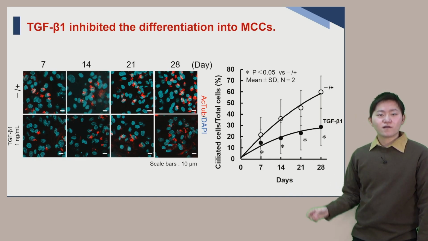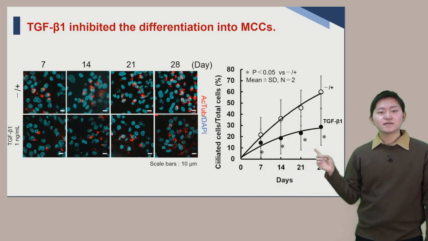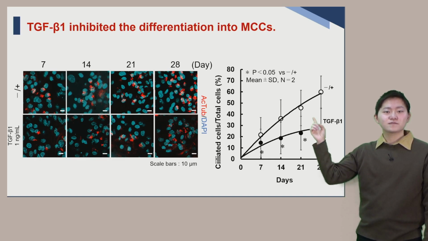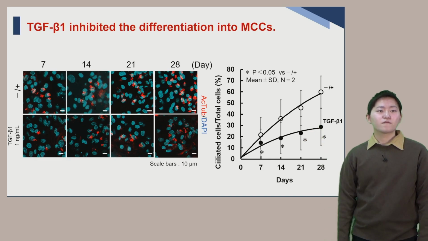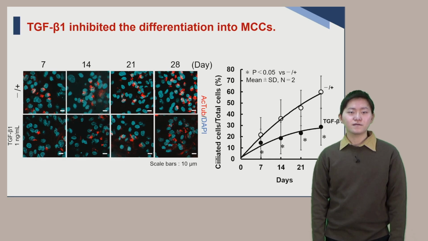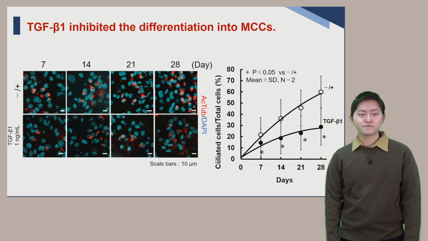In TGF-β1 containing conditions, the percentage of ciliated cells was significantly lower than that of the minus plus conditions. From these results, TGF-β1 inhibited the differentiation into ependymal MCCs like FBS.